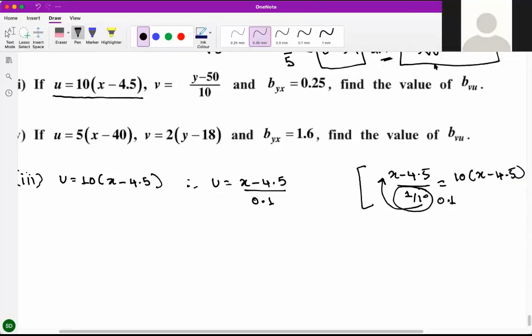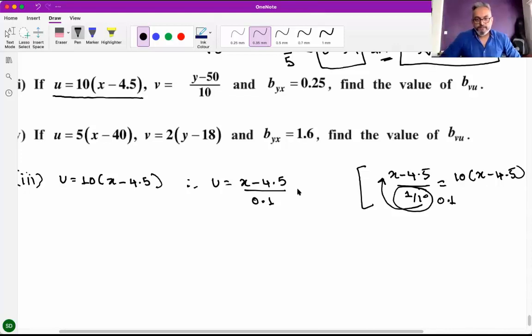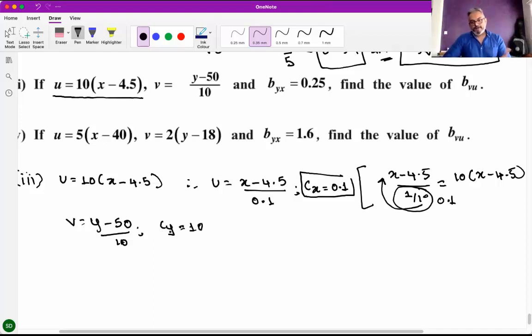Okay, so now we get c of x is equal to 0.1. Important. Now v is equal to y minus 50 upon 10. So c of y is equal to 10 directly. Over here it is given.